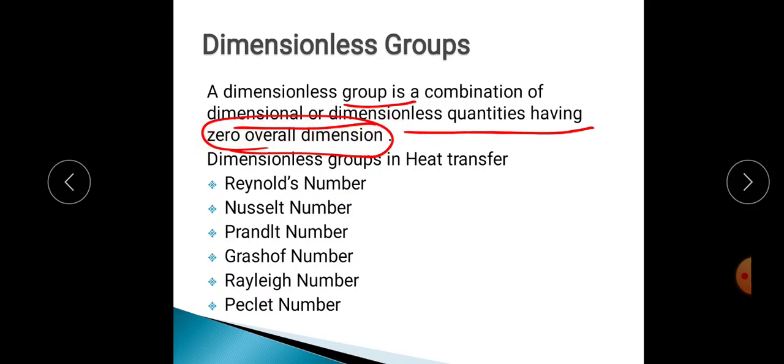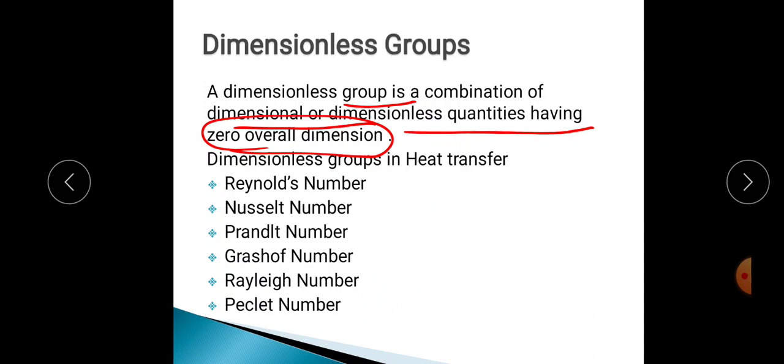So what are the different dimensionless groups which we use in heat transfer in general? There may be others also. The first one is the Reynolds number. Next is the Nusselt number. Third one is the Prandtl number. Next is the Grashof number, Rayleigh's number and Peclet numbers.